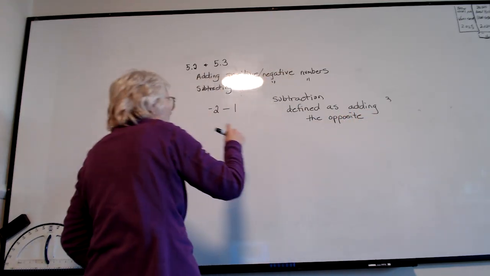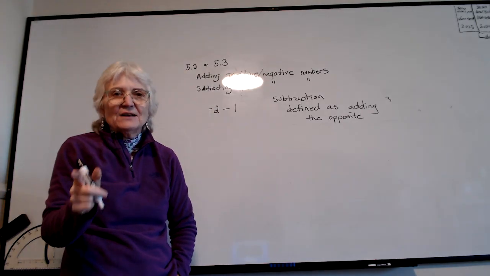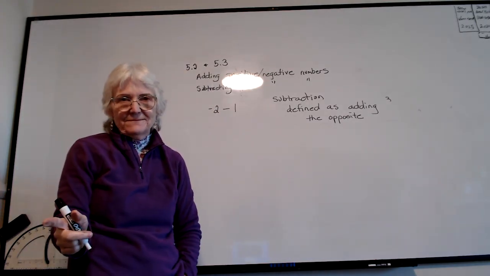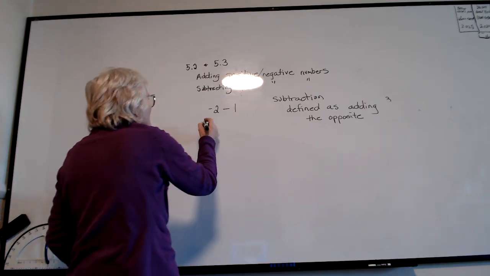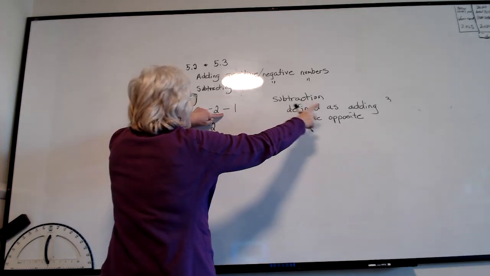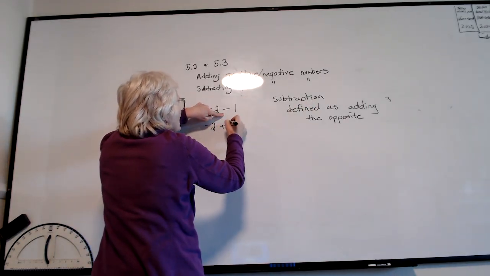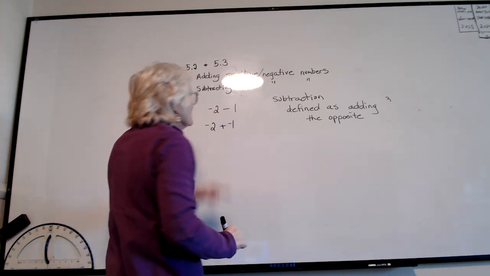Okay, so in this case, we can rewrite this equation to an addition problem. So -2, instead of subtracting, it's defined as adding the opposite of 1, which is -1.